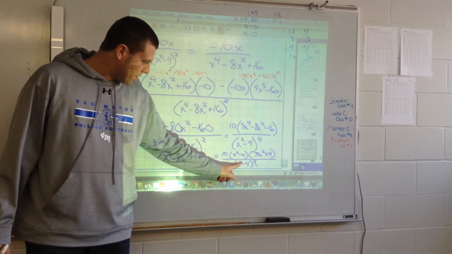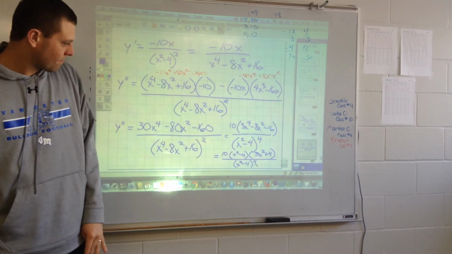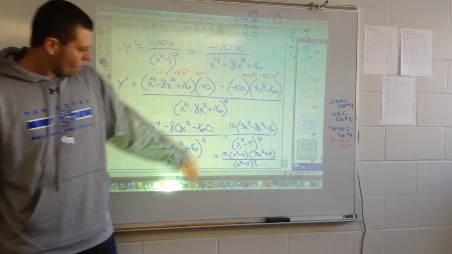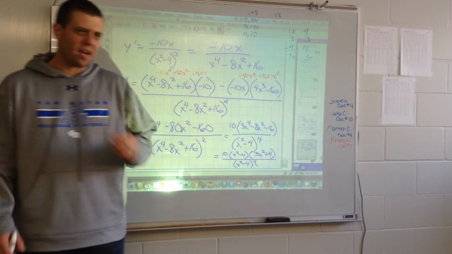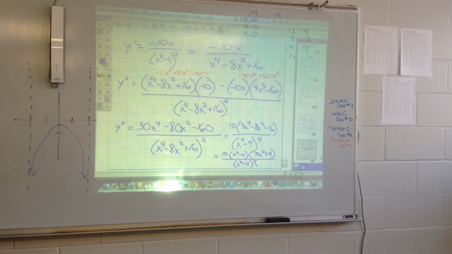This could cancel one of those. Who's composite? 3x squared plus 4, can that ever equal 0? No. And it's only the numerator that we care about for this, because we're setting it equal to 0, as long as it doesn't cancel out in the bottom.